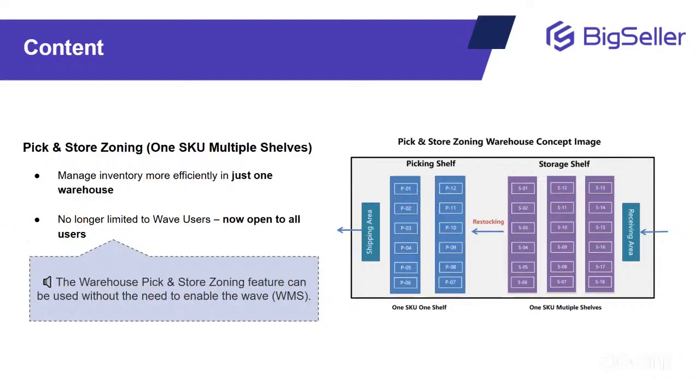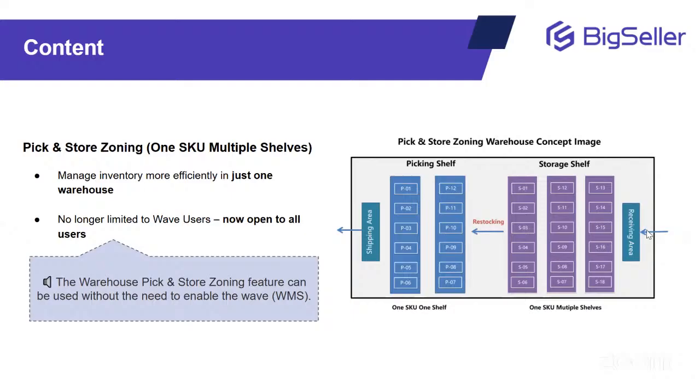The second is the picking shelf. This is designed for efficiency during your picking process. Here, each SKU is fixed to one shelf location only, and we call this one SKU, one shelf. So the picking shelf supports one SKU, one shelf, and the storage shelf supports one SKU, multiple shelves.